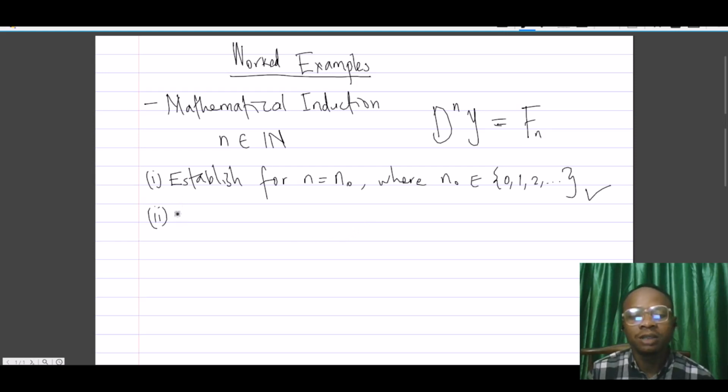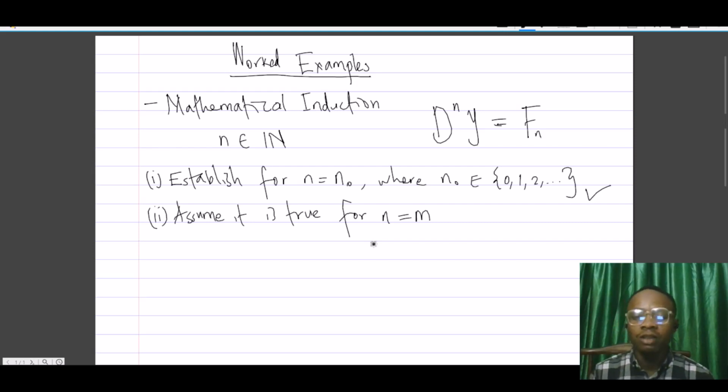And so the second step, after having established that it is true for the first term, is that we assume it is true for n equal to some m. That means we're assuming that if our n was some m, this particular statement is true for such a situation.